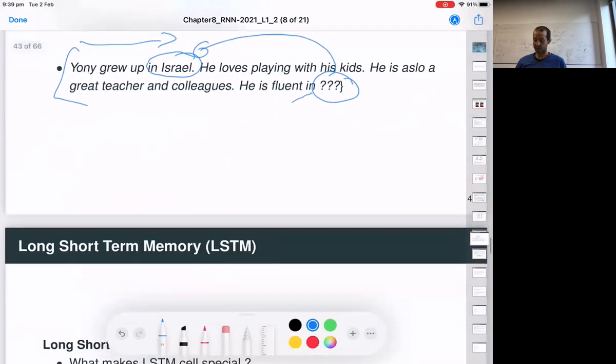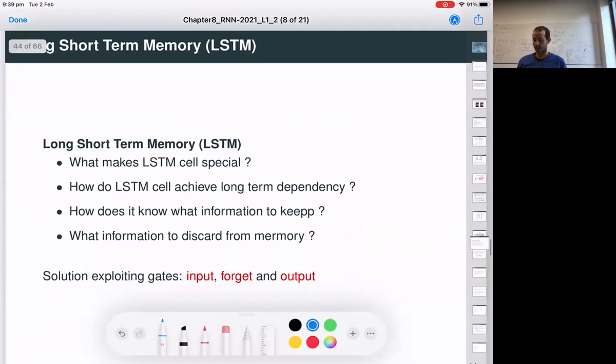So to solve this, in 1997, I don't remember the author, they proposed the long short-term memory, which is a special case of gate, and we will see how this LSTM can achieve long-term dependency.